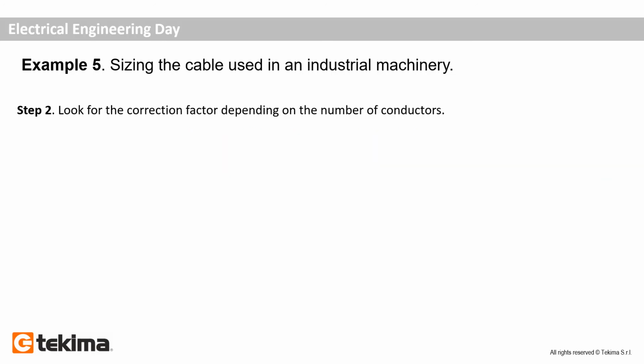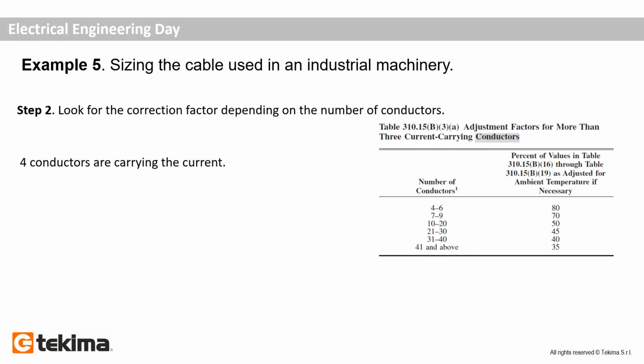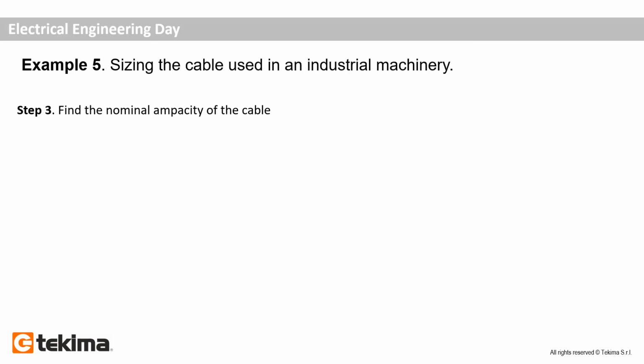The second step is to define the correction factor depending on the number of conductors, exactly like we have done in the previous examples. In this case, we have 4 conductors carrying the current, 1 is the ground, so in this case the correction factor will be 0.8. Step 3.